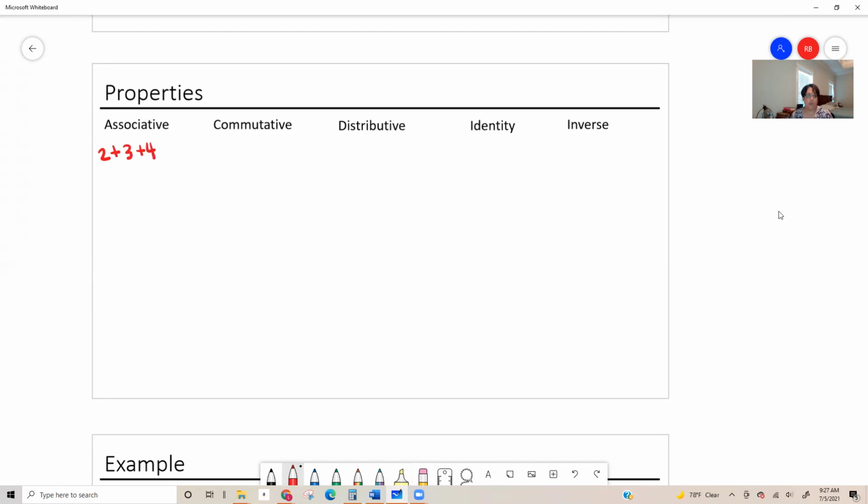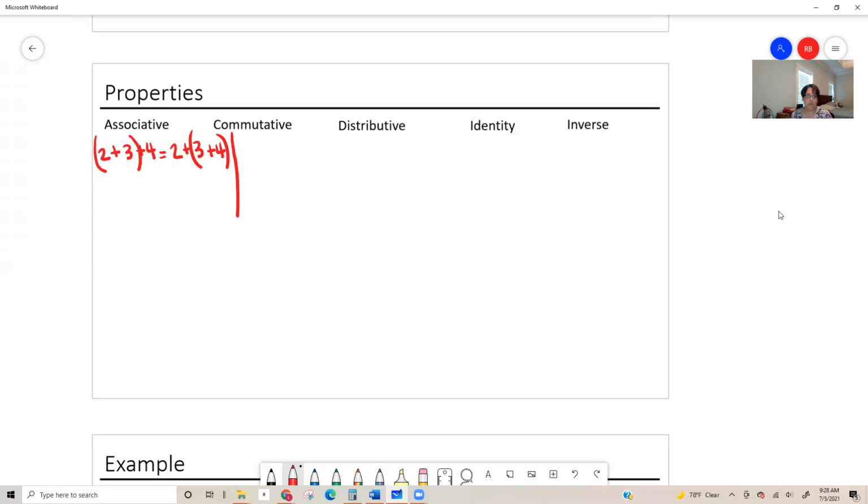The associative property says that it doesn't matter if you add these 2 first and then add 4, it would be the same thing as if you were to add 3 plus 4 first and then add 2. So remember, I taught you this by saying it doesn't matter who you associate with. So this is my friends property. You can be friends on either side with addition and with multiplication. So that's the associative property.